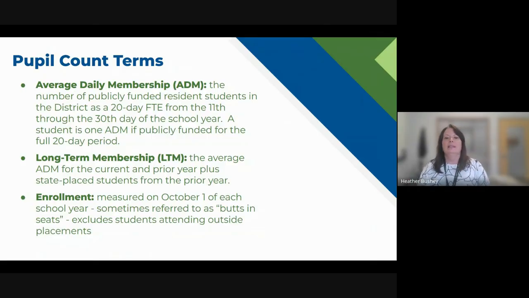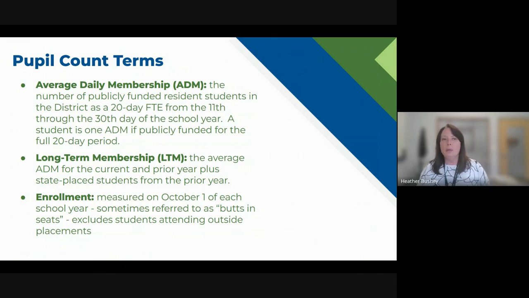Then we look at long-term membership. So that is the average ADM. So we go back up to that calculation for the current and the prior year. So we average the 2 years out to help flatten out any fluctuations by taking that 2-year average.